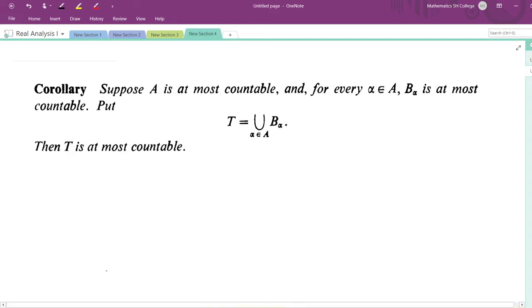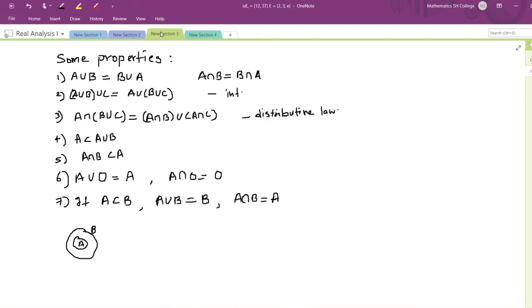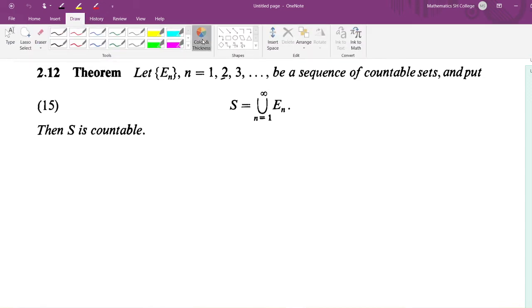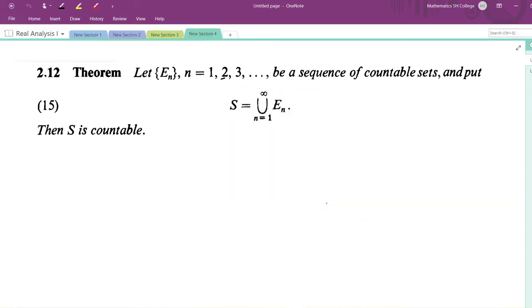Next we will move on to theorem 2.12. It says that if E_n, for n equal to 1, 2, 3, is a sequence of countable sets, and if we put S equal to the union of E_n for n equal to 1 to infinity, then S is also countable.